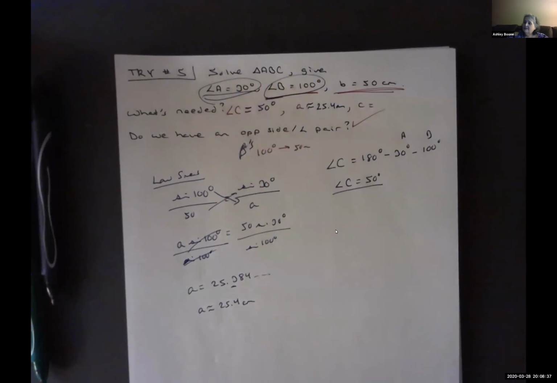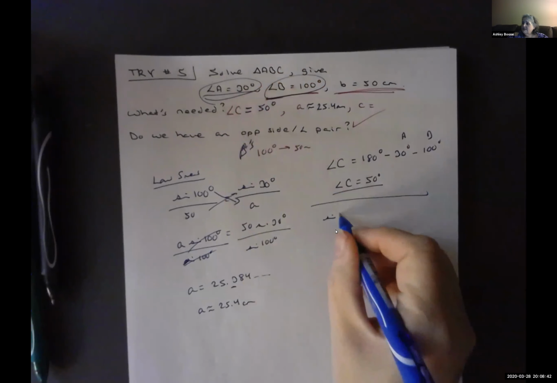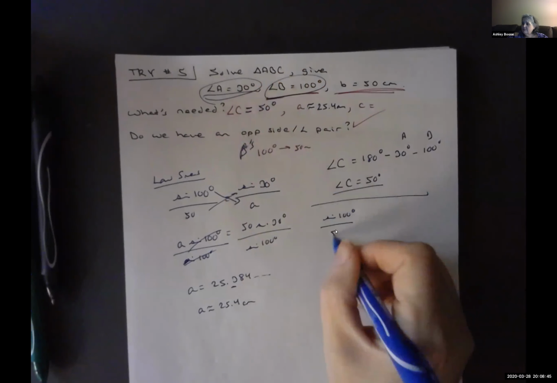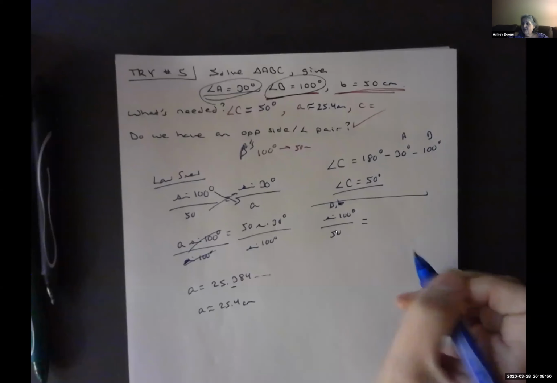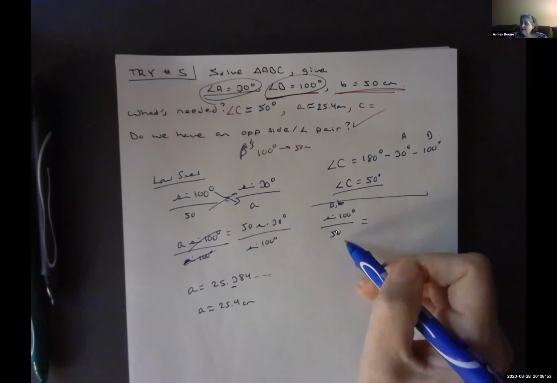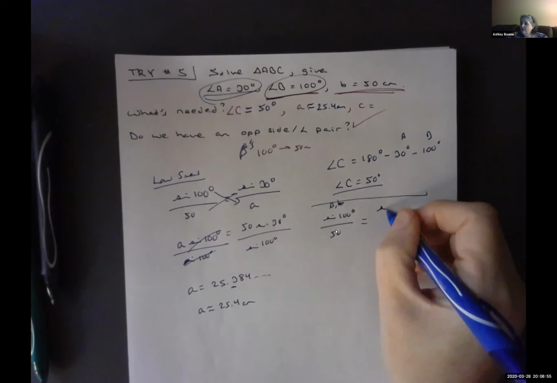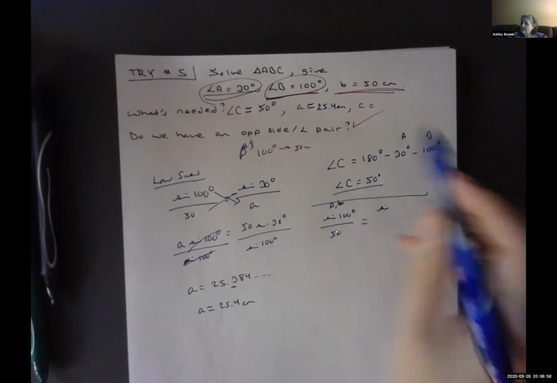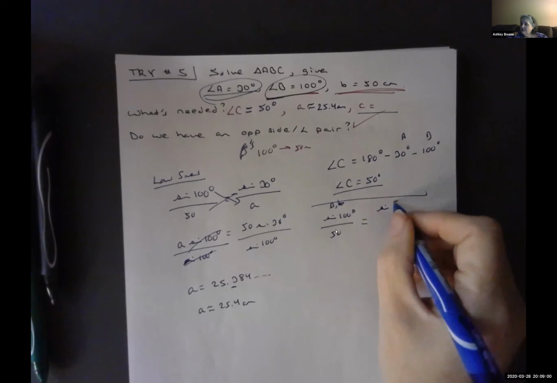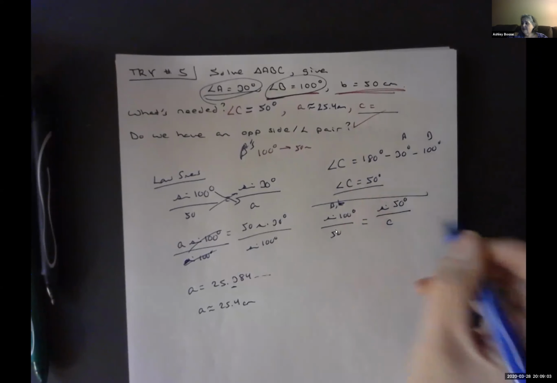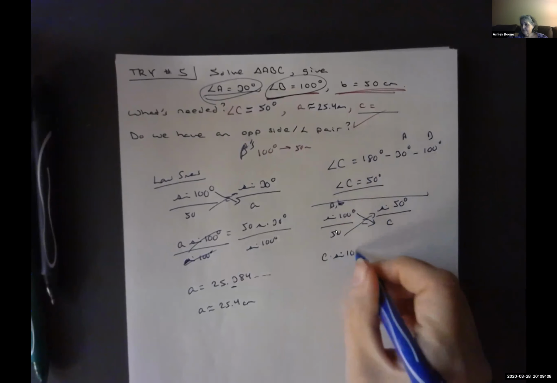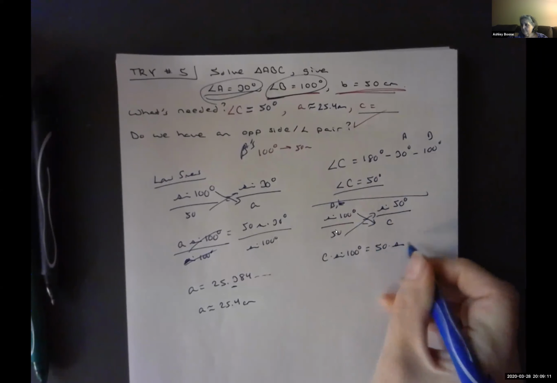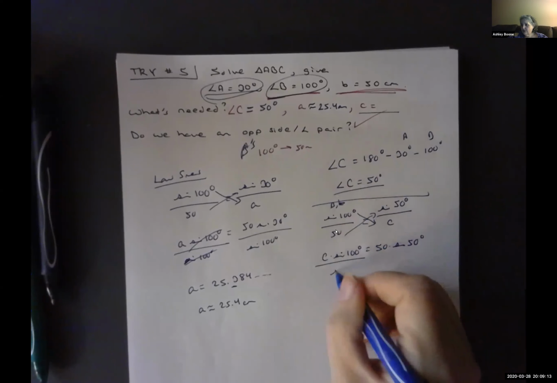How can we get side C? We can use law of sines again. The sine of 100 degrees is to 50. That's dealing with B and B. So the sine of 100 degrees is to the side of 50 as the sine of 50 degrees, angle C, is to side C, since I'm looking for side C. And again, just like before, I cross multiply and divide by sine of 100 degrees.